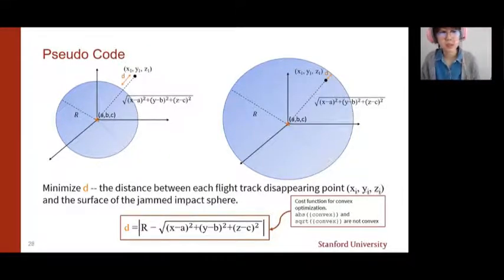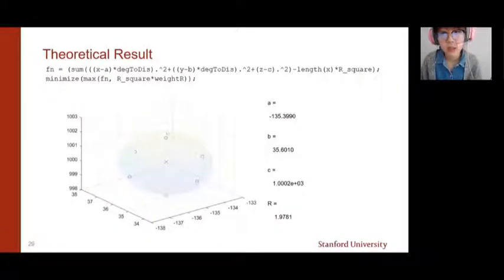Before we start to apply this model to real data, let's just see how it works on theoretical data. So here we picked 7 points on purpose by ourselves, and those 7 points were designed to be on the boundary of a sphere with radius of 2.